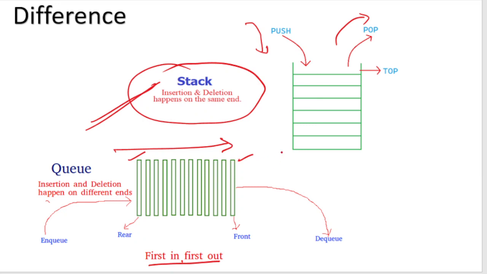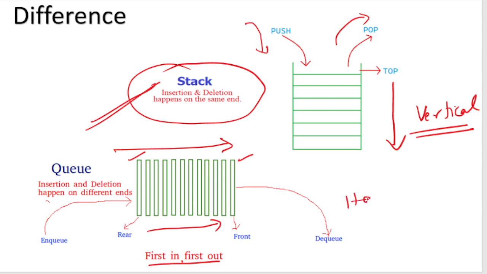That's why it is called first in first out. Also, the stack is a vertical structure, and this one, the queue, is a horizontal structure. These are the differences.